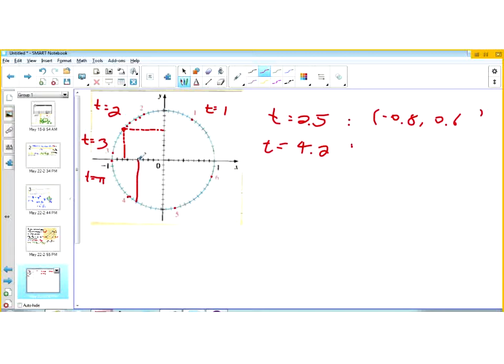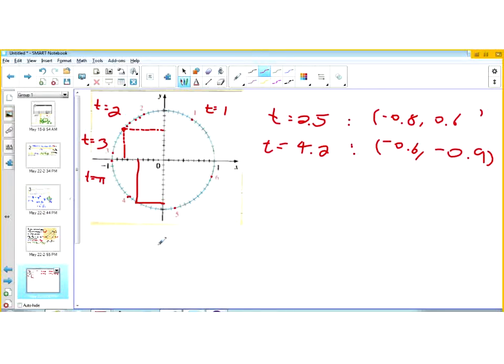And so we read the coordinates, and I get negative 0.6 and negative 0.9. So basically, read it from the graph, the coordinates of the point on the circle. Okay, fair enough.